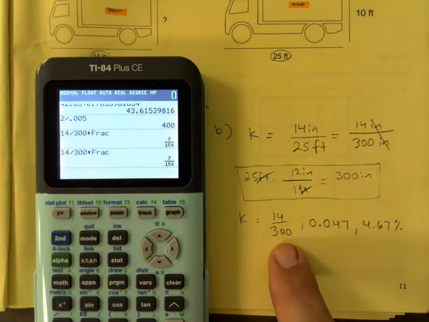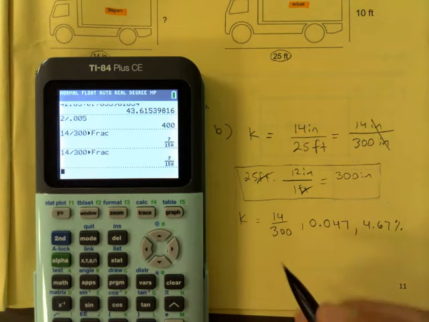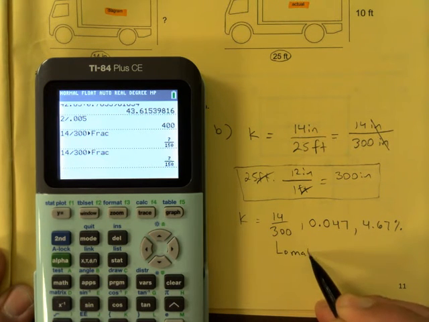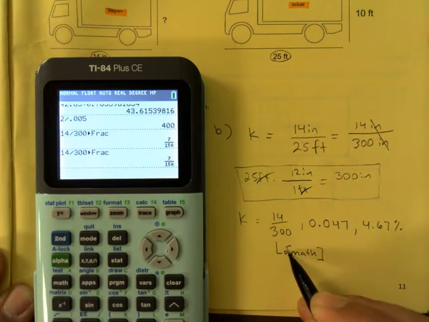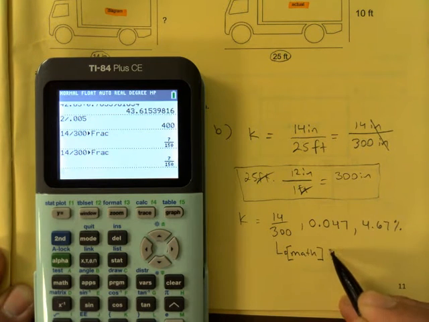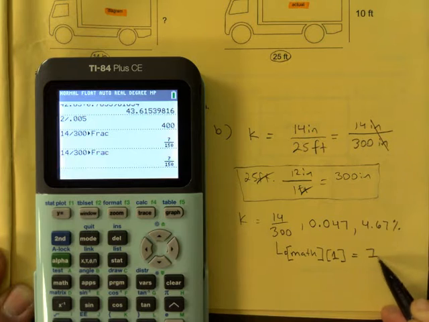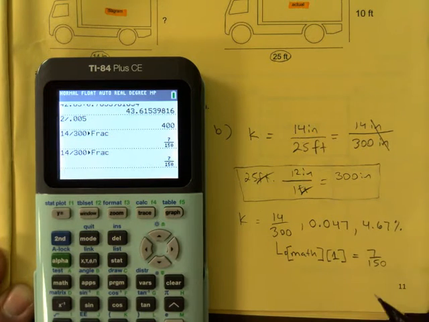Which is basically they just divided both of them by 2, right? Like if you were to divide both of these numbers by 2, you get 7 over 150. But it's not always that obvious. So I will just do this in your notes. Right? If you press math and then press 1, you get 7 over 150. It's reduced.